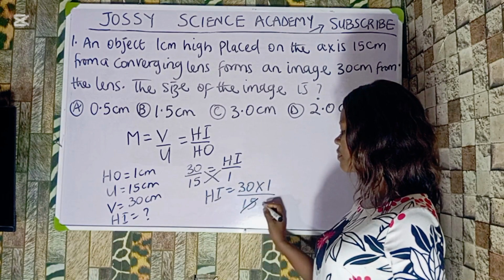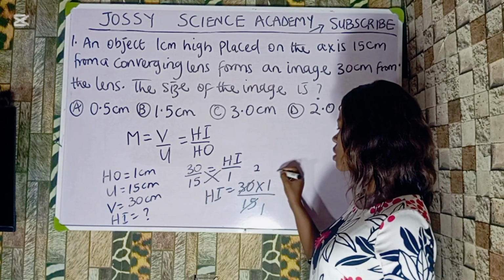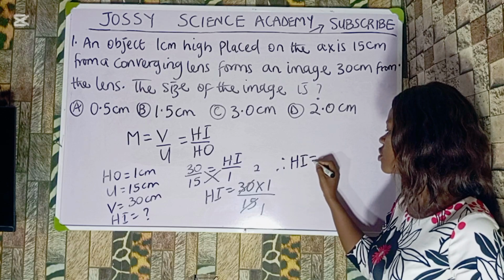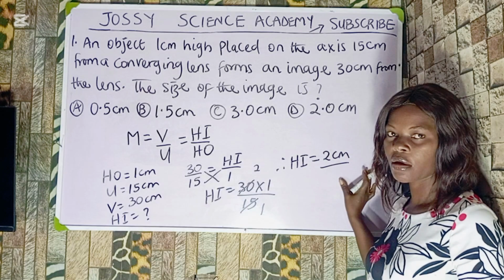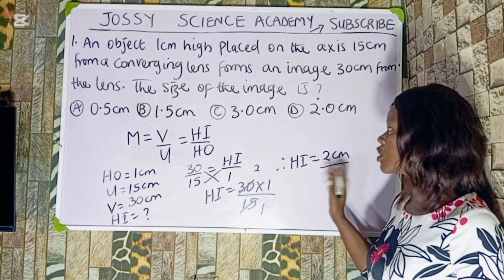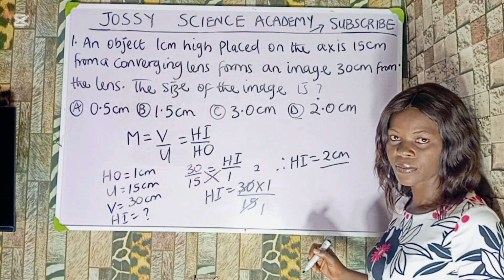Now let's cancel, 15 into 30 is going to give me 2. Therefore, the height of image is equal to 2 centimeters. I hope that is clear. So if you have this type of question, this is how you are going to solve it. So the correct option to this question is option D.